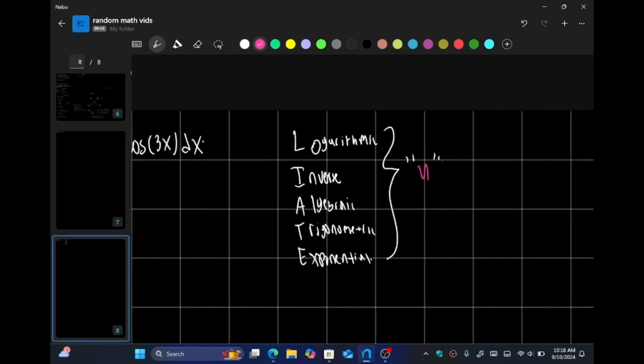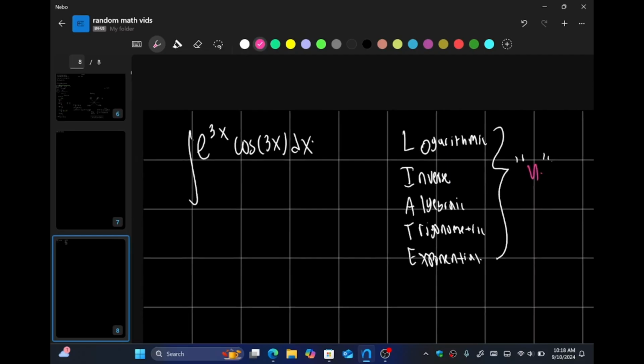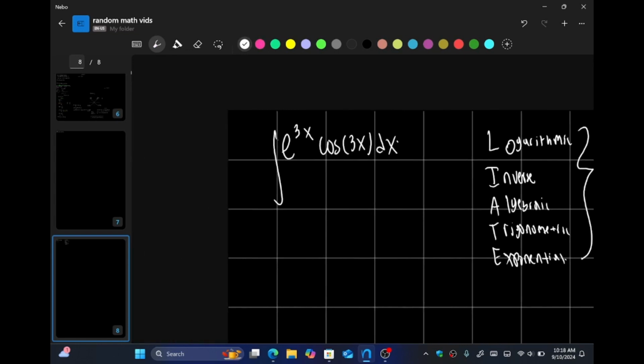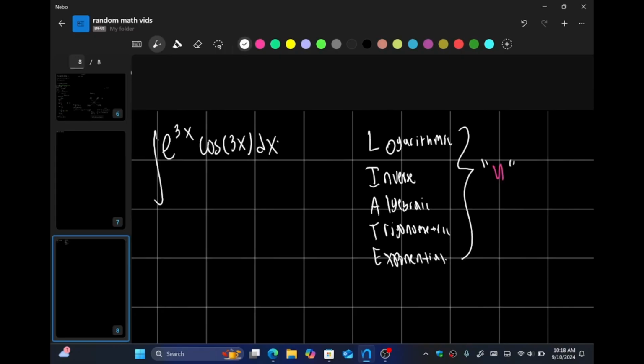Now, here we want to state what u will be. Here we don't have any logarithms, so we can cross that out. We don't have any inverse functions, we can cross that out. We don't have any algebraic functions, we can cross that out.